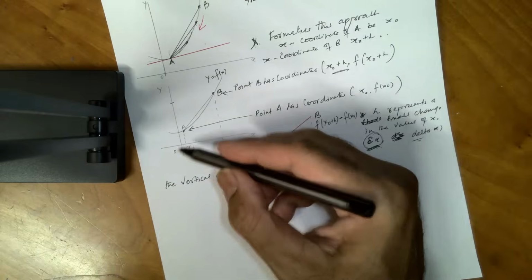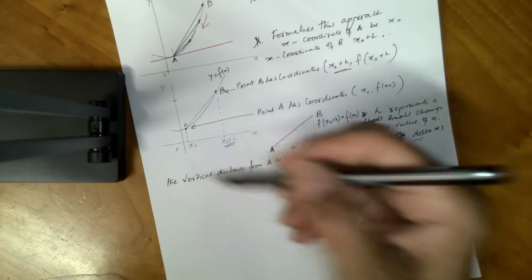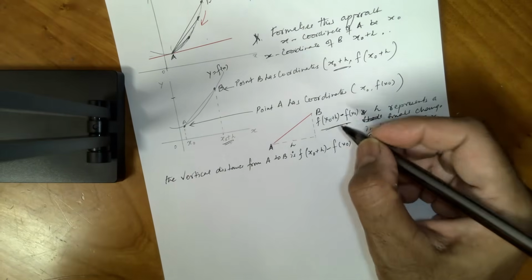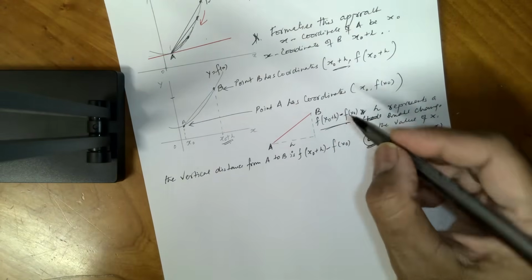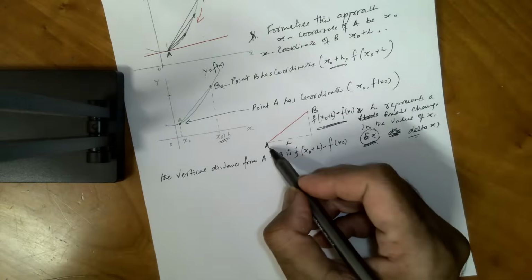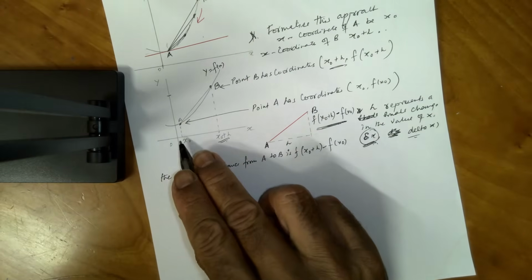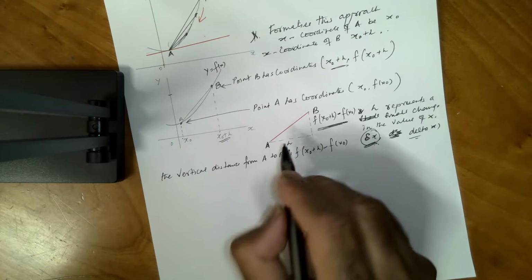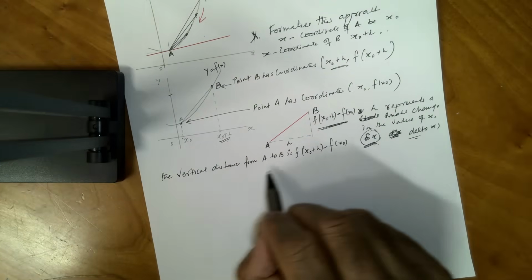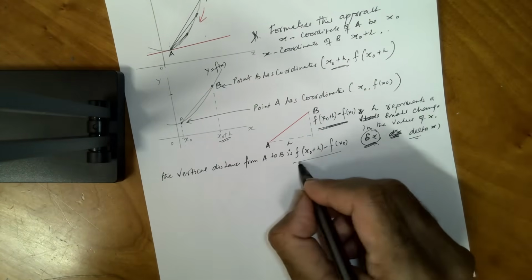Because this is your xo, and it's a vertical one, so that is what it will give you. So the vertical distance from A to B is this, so remember that, please.